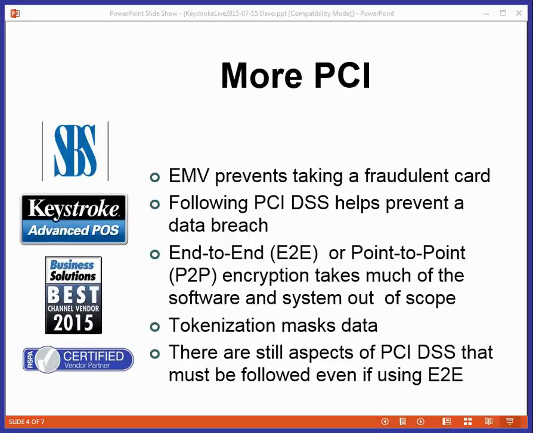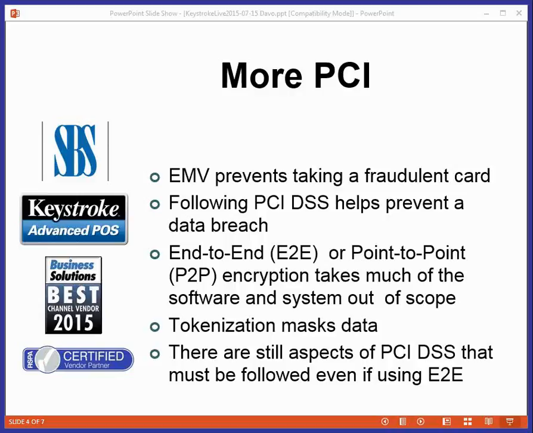Then you have the end-to-end or point-to-point encryption that again helps protect that cardholder data, helps prevent a breach, and tokenization goes hand in hand with the end-to-end or point-to-point encryption, in that it masks the card data, so even if you did get a breach, they're just getting mock card numbers, not real ones. So all of those combined can help to create a very secure system.